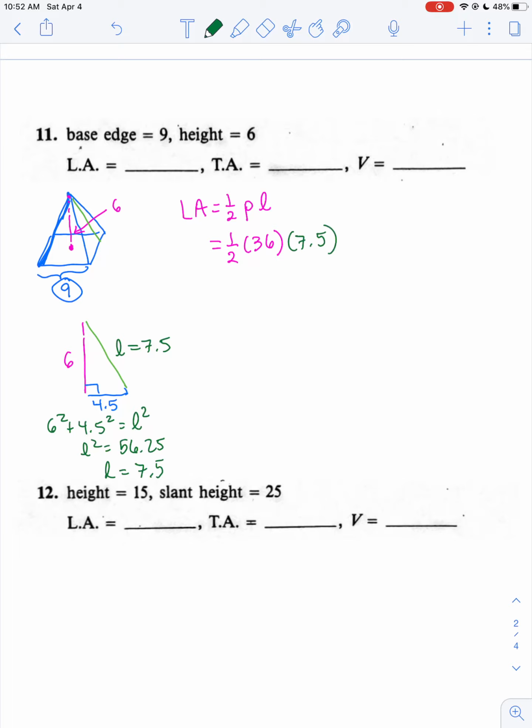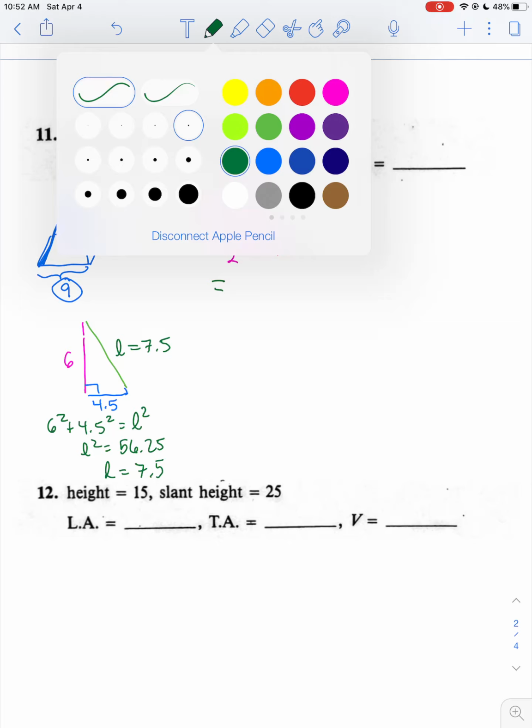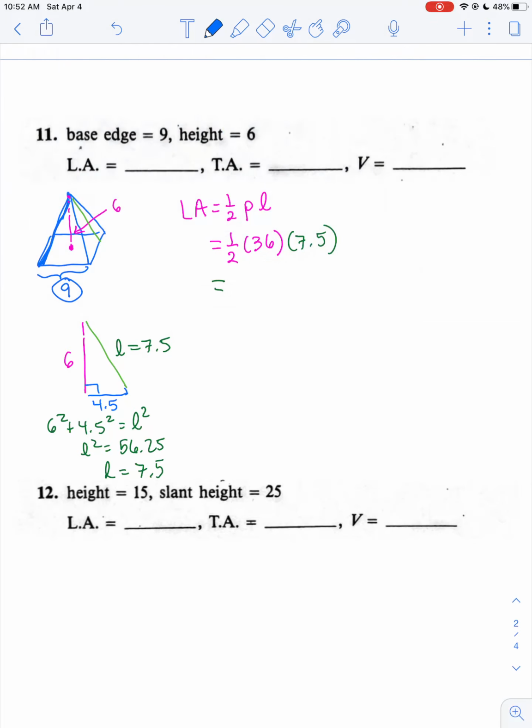So from here, L is 7.5. I can plug 7.5 into my slant height, and for my solution I get half of 36, times 7.5, to get 135 as the lateral area. Now the total area for a pyramid is different from that of a prism because it is still lateral area, but this time you don't have two bases, you just have a single base.